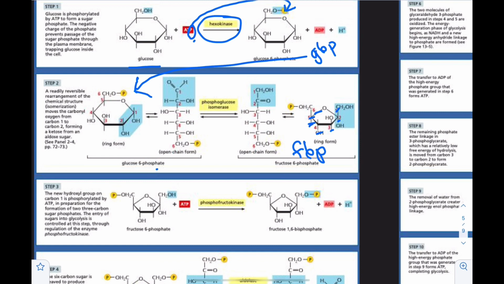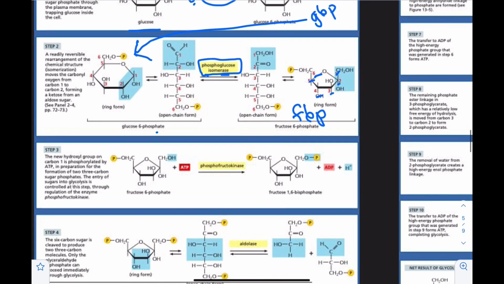So the only thing that's different is the structure. And that is done with the help of an isomerase, phosphoglucose isomerase. When you see ase, you know it's an enzyme, and isomerase changes the structure to its isomer.